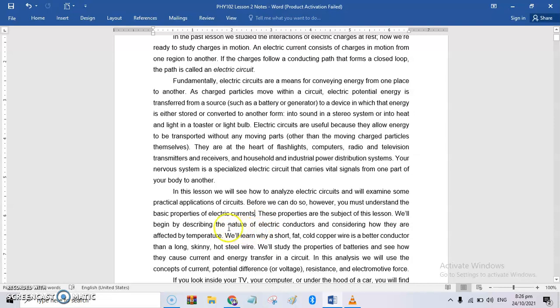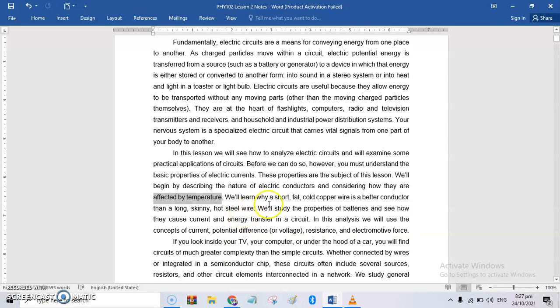We'll begin by describing the nature of electric conductors and considering how they are affected by temperature. And we'll also learn why a short, fat, cold copper wire is a better conductor than a long, skinny, hot steel wire.